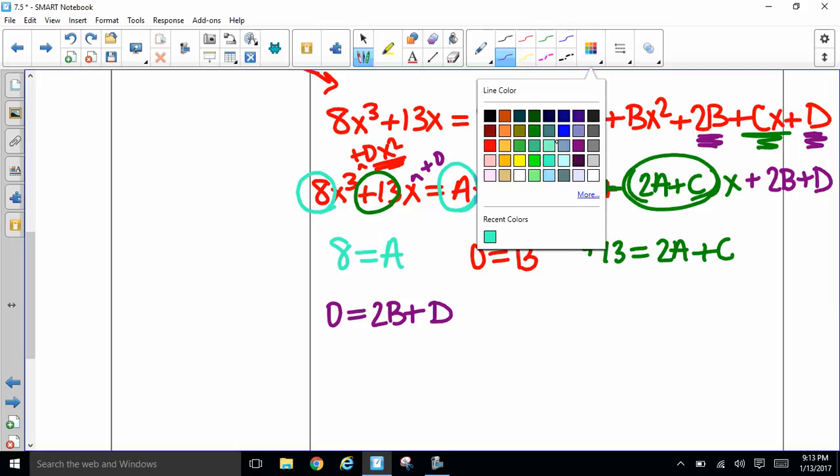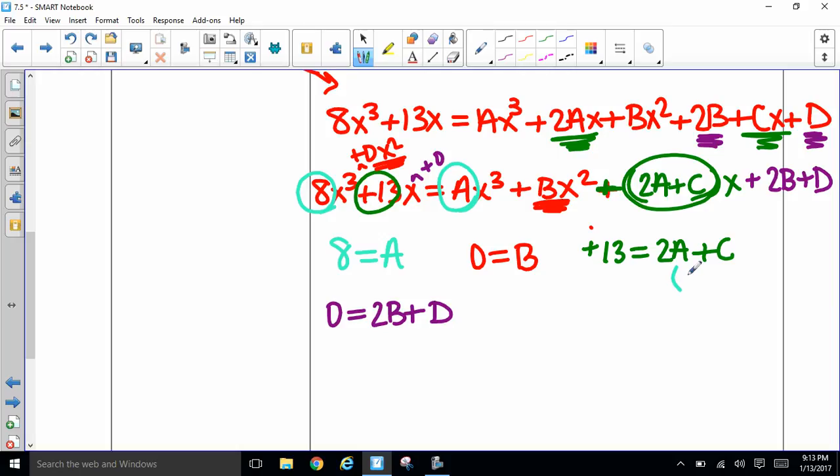So if A was 8, then over here where I see A, I can plug in 8. And if B was 0, then here where I see B, I can plug in 0. And that can help me find things along the way. So 13 equals 2 times 8 plus C. So if I subtract the 16 over, I come up with C equals negative 3.